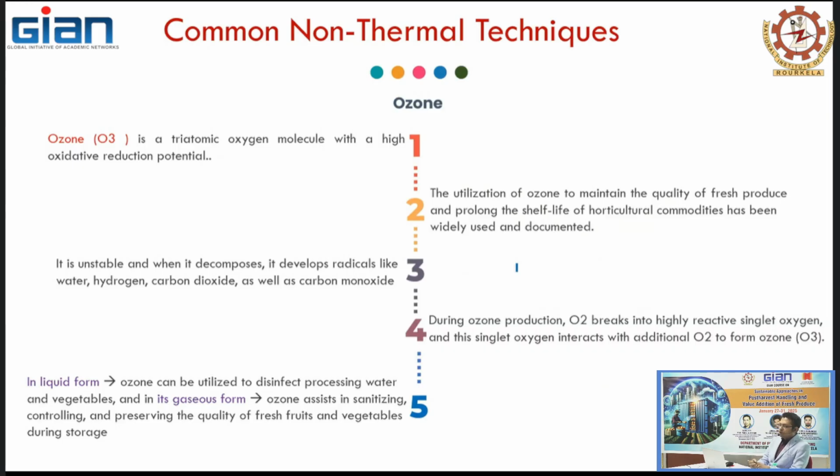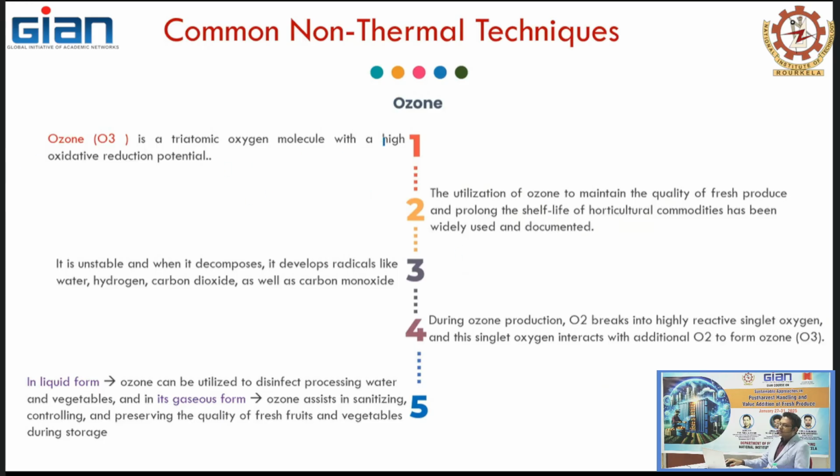Then another non-thermal technology is ozone technology. As we are aware, we have oxygen, O2, and ozone means we have one more, O3, a triatomic oxygen molecule. Why is it used?